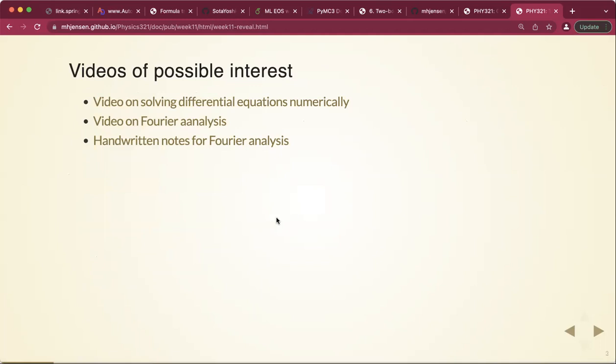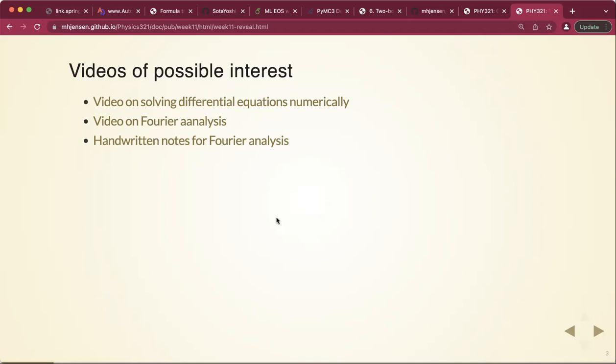There's similarly a video on Fourier analysis, which many of you will encounter in later physics courses and in mathematics courses. In that video, I'm just trying to give a kind of overarching motivation for why Fourier analysis is a useful tool. If you want to take a look at it, I do appreciate feedback. It's definitely not Hollywood quality, but any kind of feedback is always nice to get.